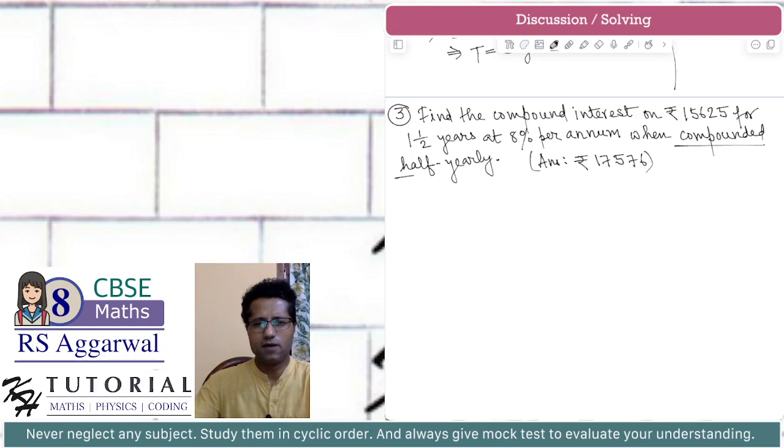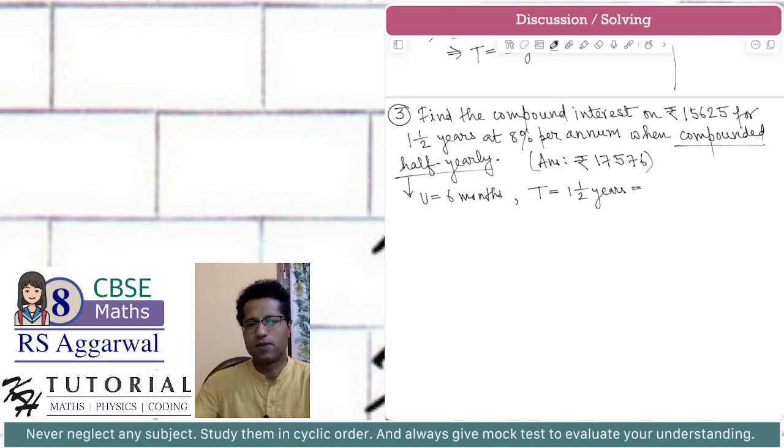So compounded half yearly means u is equal to 6 months, and t is given to be 1.5 years, which is equal to, as an improper fraction, 3 by 2 years. The rate is given to be 8%, and P is rupees 15625.